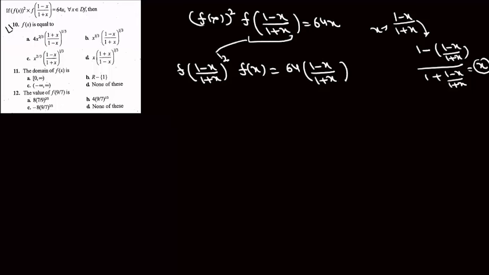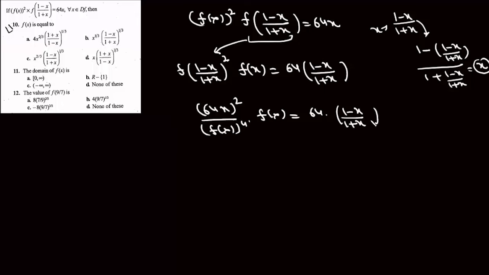Now we'll substitute this value from this first equation. So we'll get this as (64x) whole square upon f(x) to the power 4. It'll be this f(x), and it'll be this 64 (1 minus x) upon (1 plus x).